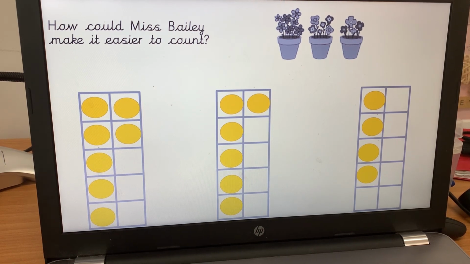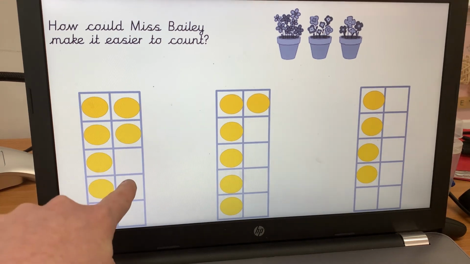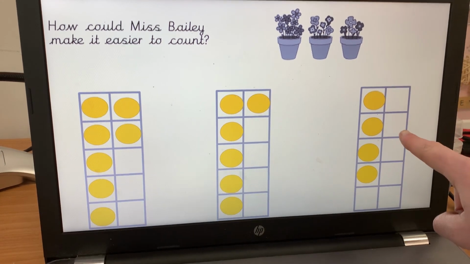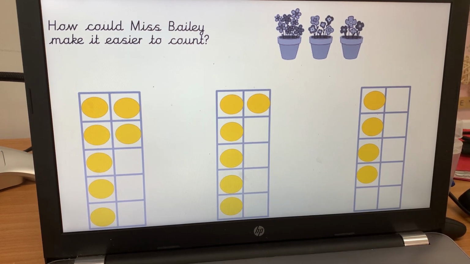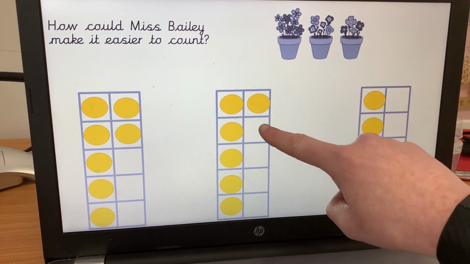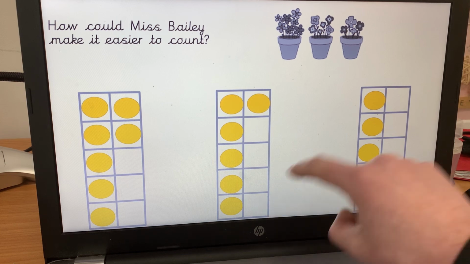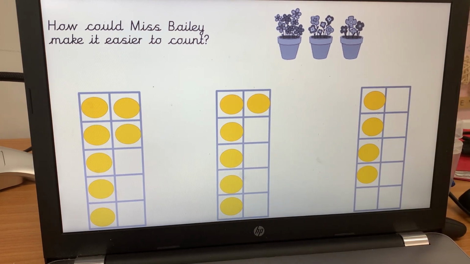Again, coming back to how Miss Bailey could make it easier, well, I can find the number bond to 10. So I can see here, there's 3 missing here. Have I got 3 over here? Well, I have got 3, but I then have 1 left over that I'd have to move. Over here, how many have I got missing? 1, 2, 3, 4. And I've got exactly 4 here. So I can then move them over, if I can find my cursor, sorry guys.